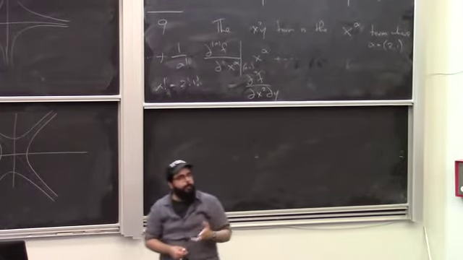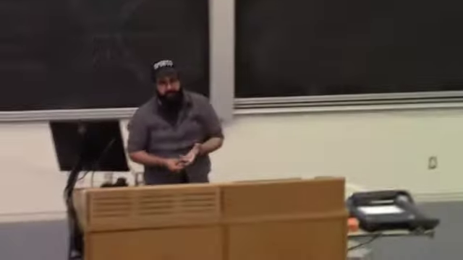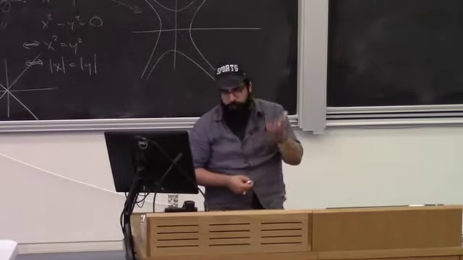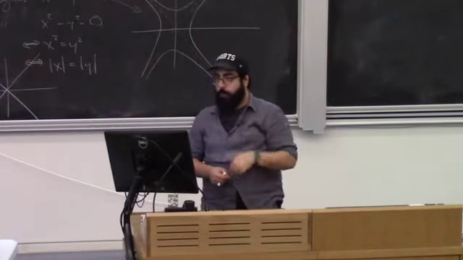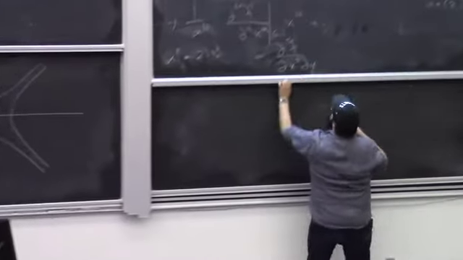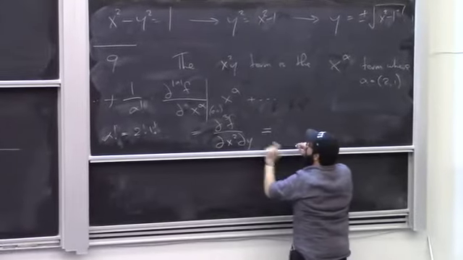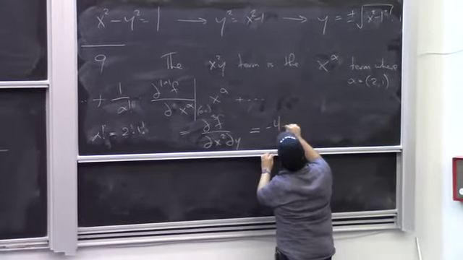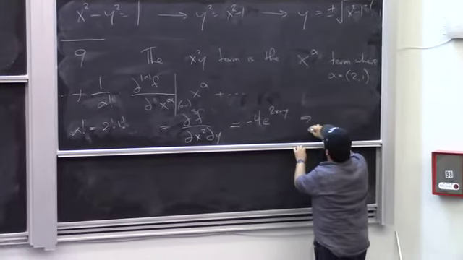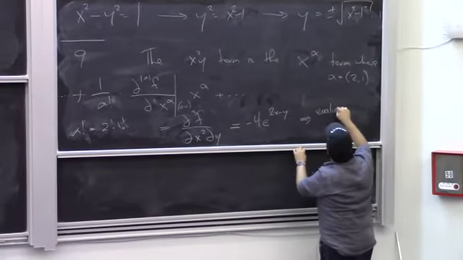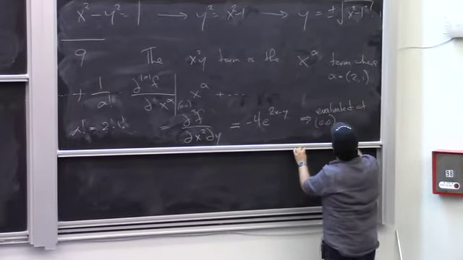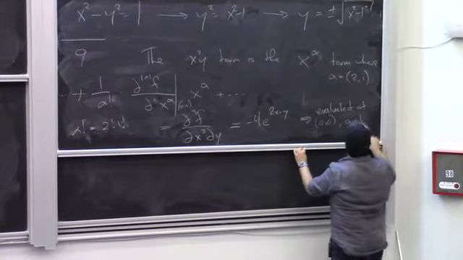Once you get to that stage, things are pretty easy because differentiating this function is very straightforward because it's an exponential, right? So if you differentiate that twice with respect to x, you get 4 in front of it. And if you differentiate that once more with respect to y, you get a negative sign. So in this case, this derivative equals negative 4 times the original function. And so when evaluated at the origin, you get -4.